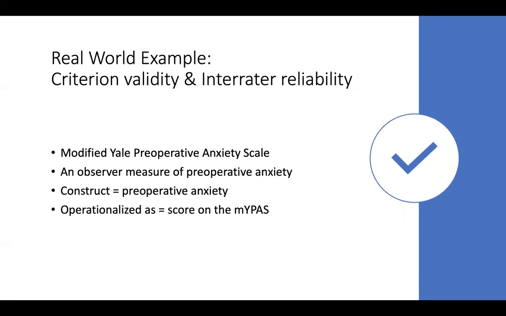This measure was a way of operationalizing preoperative anxiety. So you have a kid who is about to go into surgery, they're anxious, or how anxious are they? And so we wanted a measure of how anxious they were. So the construct was preoperative anxiety. We operationalized that as their score on the modified YPAS.